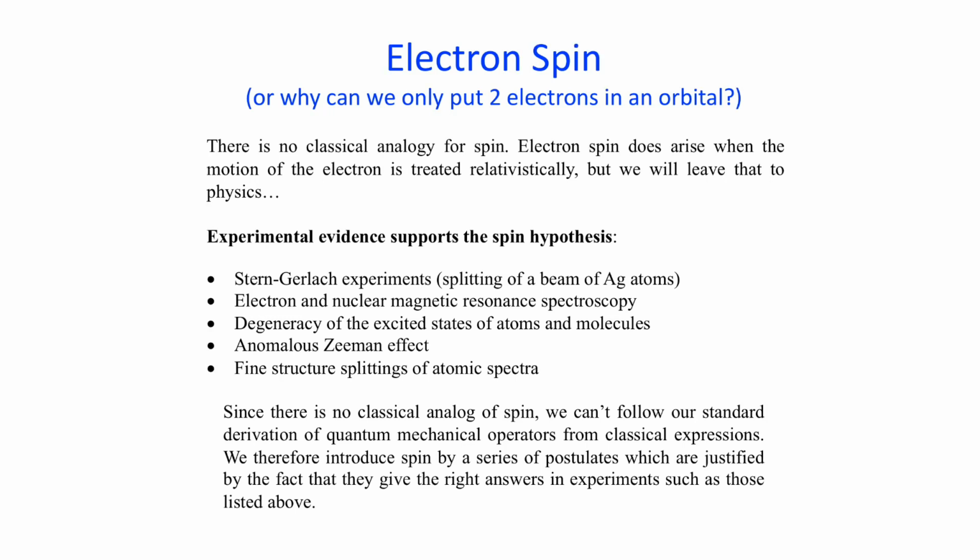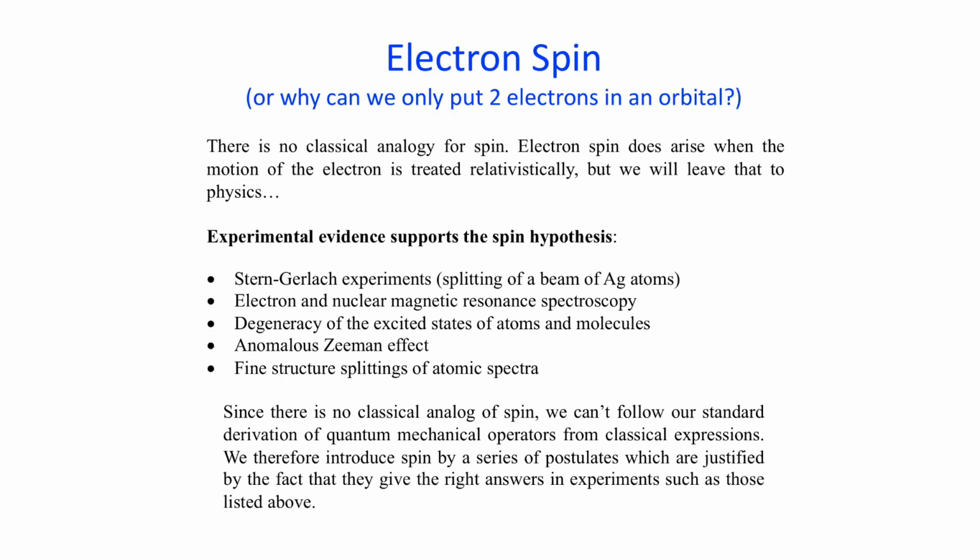Degeneracy of the excited states of atoms and molecules, something called the anomalous Zeeman effect. We'll talk about that a little bit more later. And all the fine structure splittings that we observe for atomic spectra. Again, something that we'll talk about shortly as well.